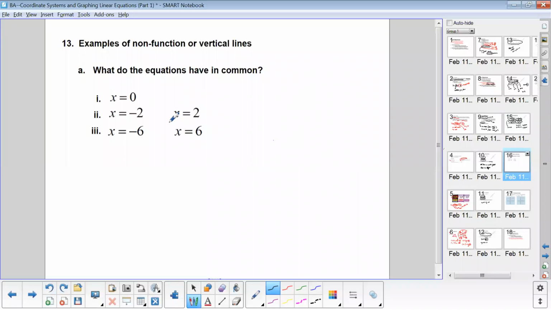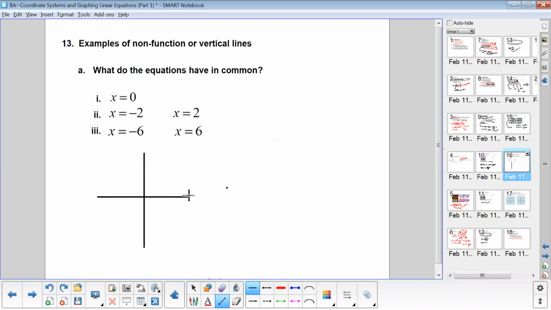These equations, what do they have in common? Well, we'll see that I can't graph that on the graphing calculator because it's in a function mode. But what we would have is with our x and y coordinate plane, this is x equals 0. So this is x equal 1, 2, 3, 4. So when x is 0, what we would see is a line that crosses vertically through the origin.